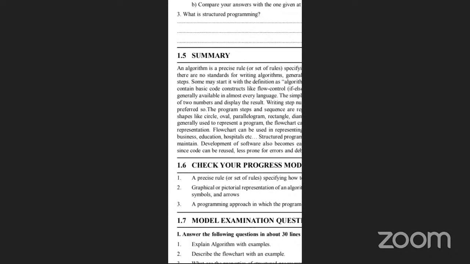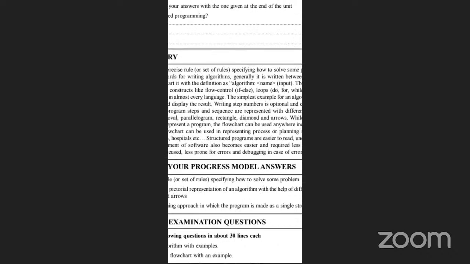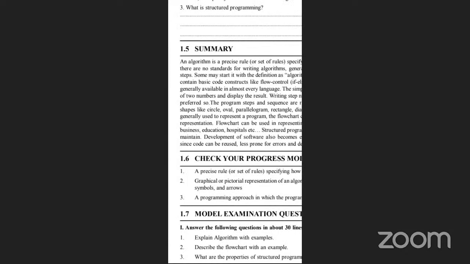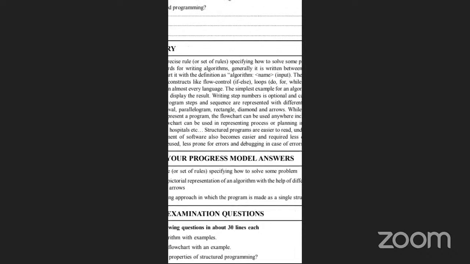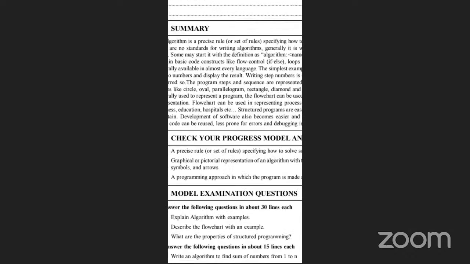Some sequences are represented with different basic graphic shapes like circle, rectangle, oval, parallelogram, and diamond, all connected by connectors.